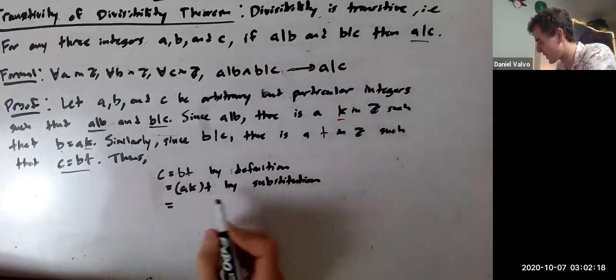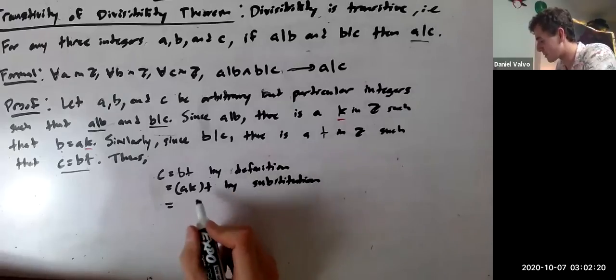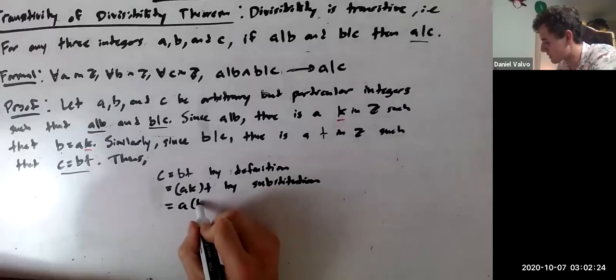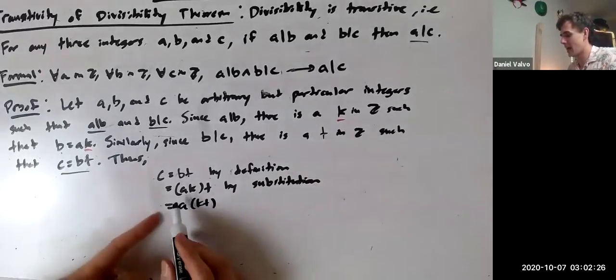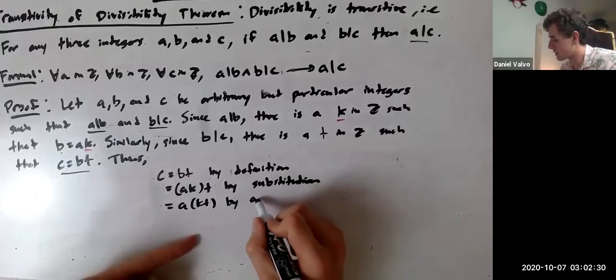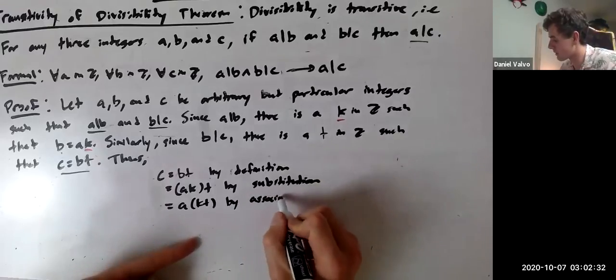Oh, but anyway, yeah, so c equals bt, b equals ak, so you can substitute that there. And then we can do this little parentheses trick, right? ak times t is the same thing as a times kt. And this is by what's called associativity.